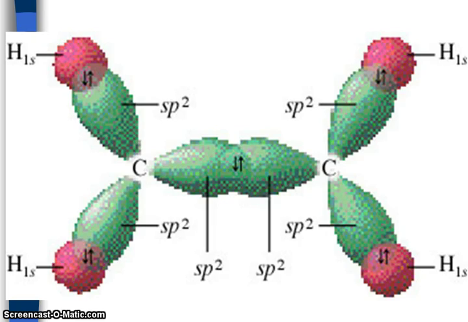We'll have a sharing of a pair of electrons in those overlapping orbitals, and that will give us a bond between carbon and each of our hydrogens. The other hybridized sp2 orbital for carbon will overlap with the other sp2 orbital from the other carbon, and they're going to share a pair of electrons there as well. But now we need to talk about that unhybridized orbital.